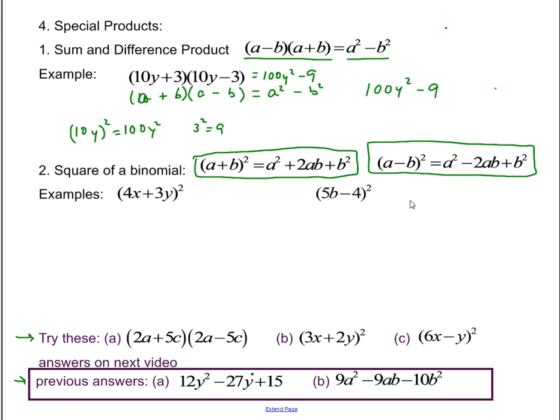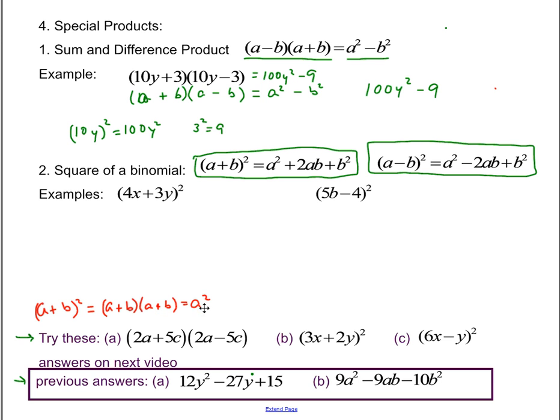If I say a plus b squared, remember, a plus b squared is exactly the same as saying a plus b times itself. So this is like saying a plus b times a plus b. So if you carry out your FOIL method right here, a times a is a squared.